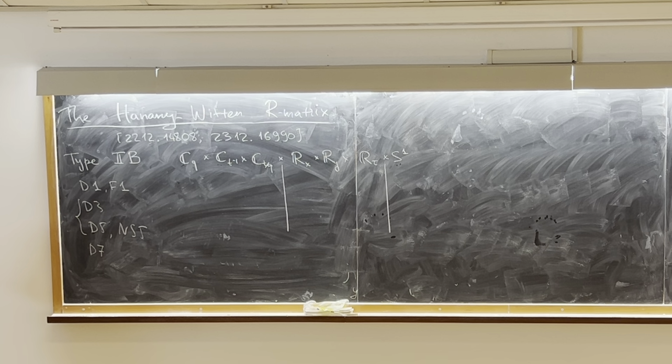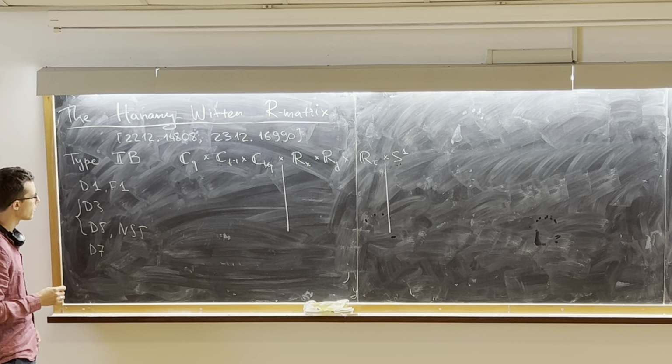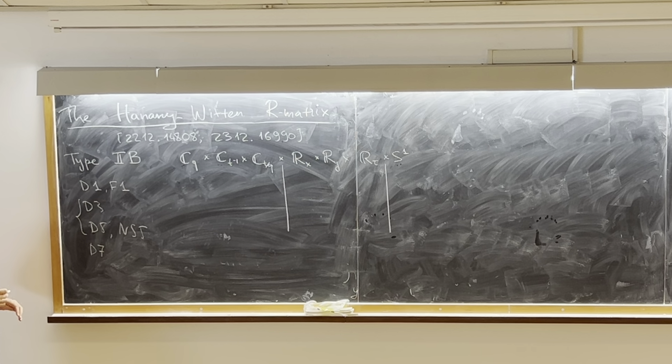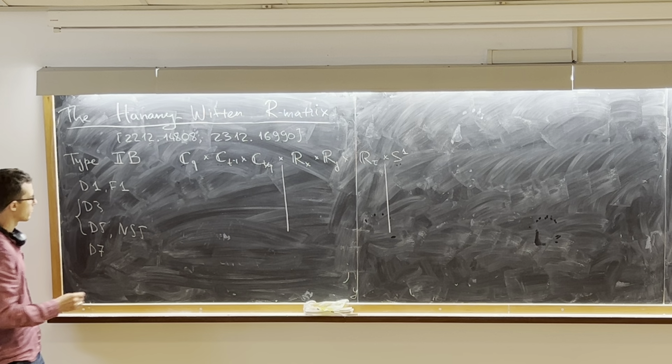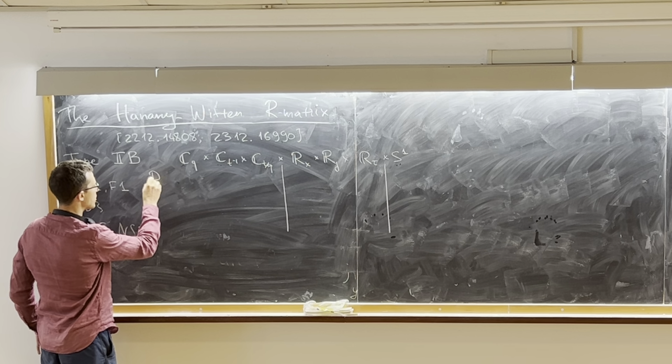D7 is just a bit too complicated for this talk, so it can be described, but I'm not going to talk about it. So I'm going to focus on these 2 cases, and let me start with drawing these branes and drawing some pictures with them.